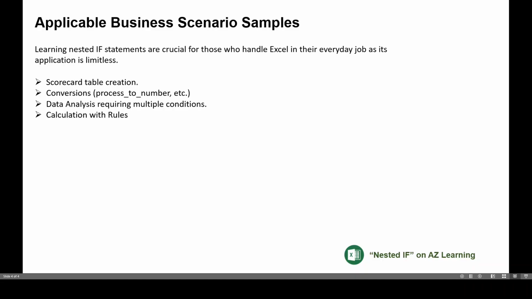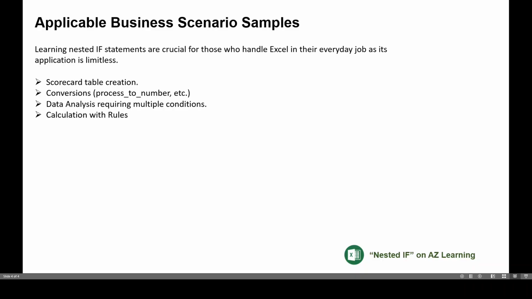So, since our topic is more on the applicability to the business scenarios, the question that may come into our mind is what are the sample business scenarios where nested if can be applicable? So the number one is if you are a reporting analyst or a data analyst and you were tasked to create a scorecard table.